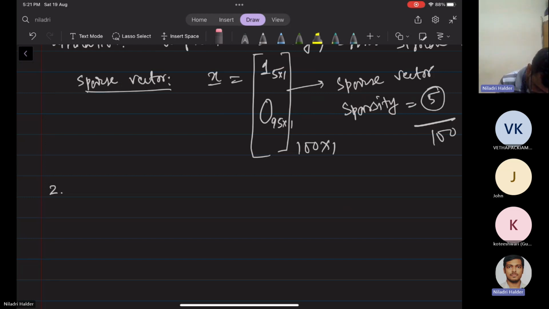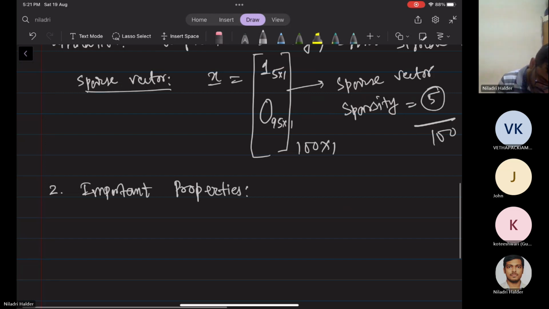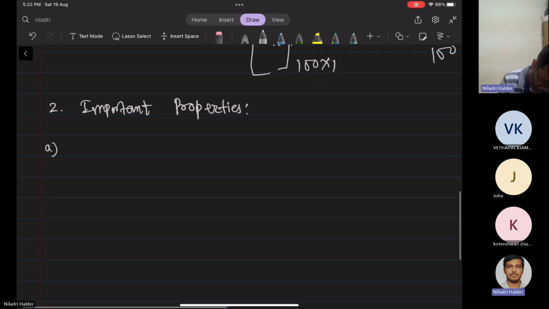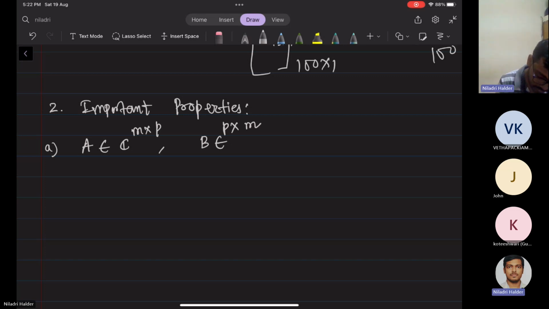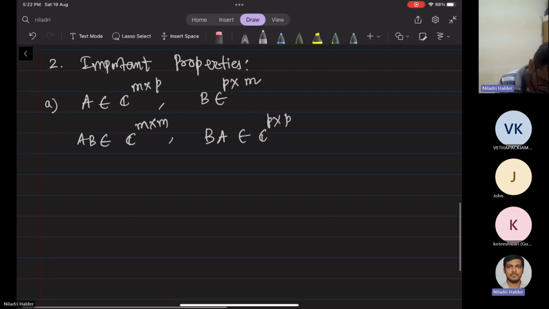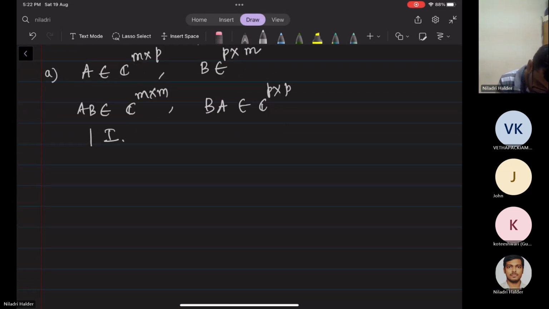The first one: suppose A is a matrix of size M cross P, and B is a matrix of size P cross M. Then AB will be M cross M, and BA will be P cross P. Here I is the identity matrix with dimension M cross M.